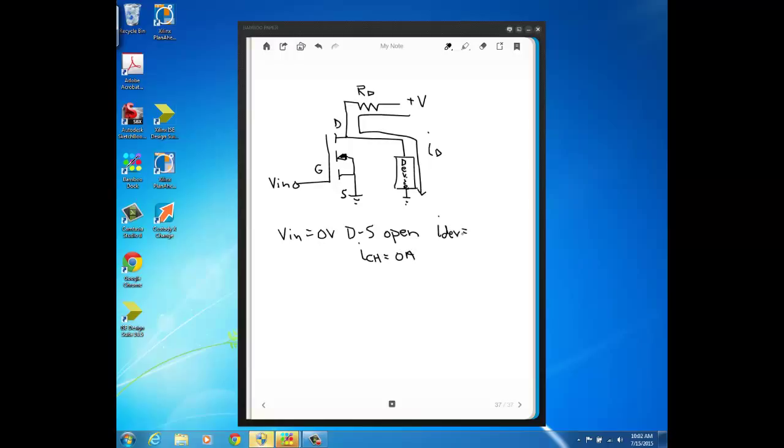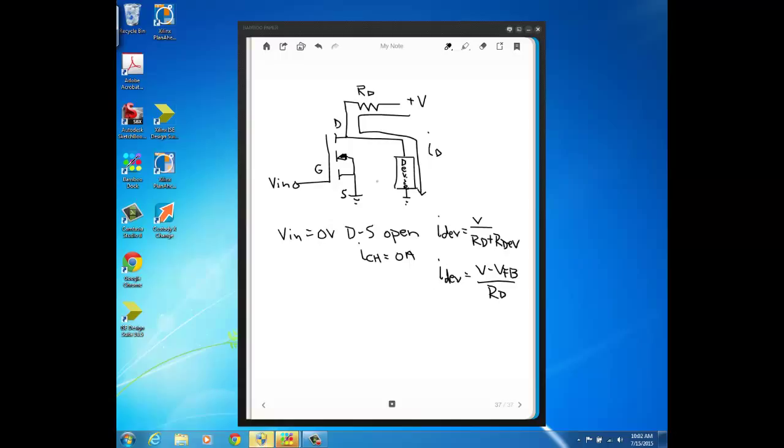But you do have device current, and that device current, just like before, would either be V divided by the total resistance, or if you had an LED, it would be V minus VFB over RD.